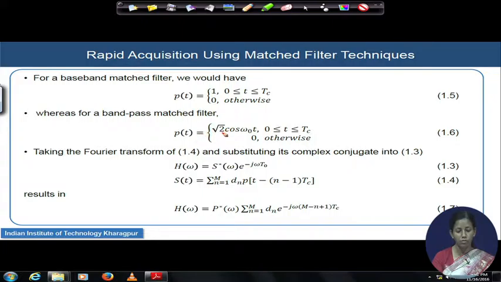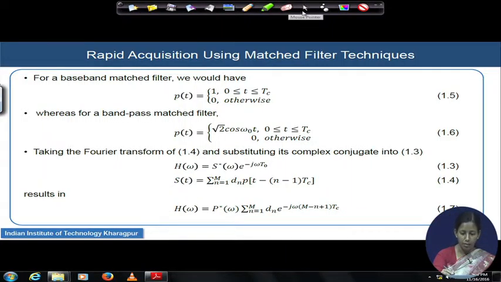If it is bandpass, it should be the square root of 2 times cos omega naught t over the duration of interest, which is the chip duration. We also took the Fourier transform of the PN sequence of interest, and substituted it into equation 1.3 to get the transfer function of the filter.